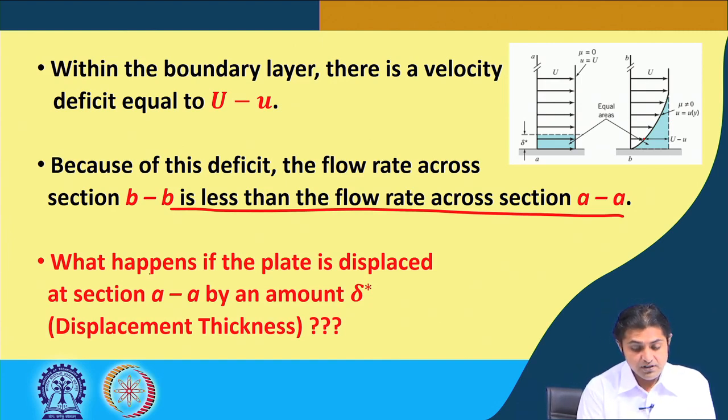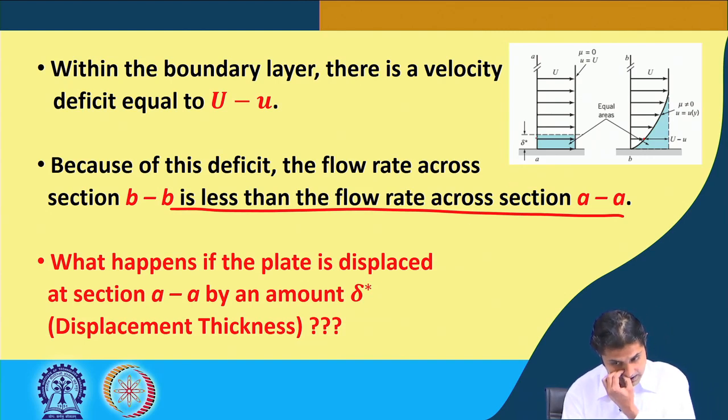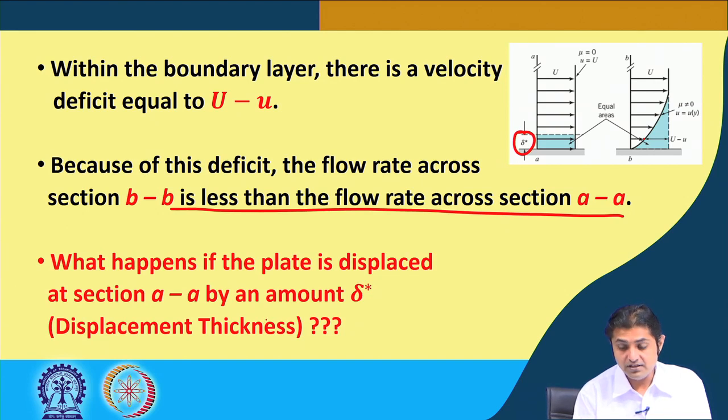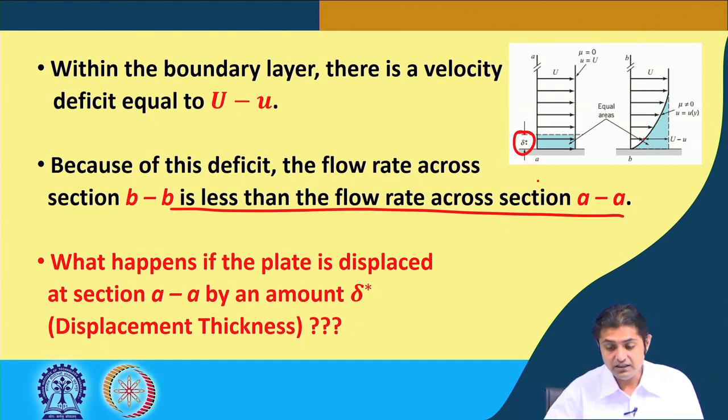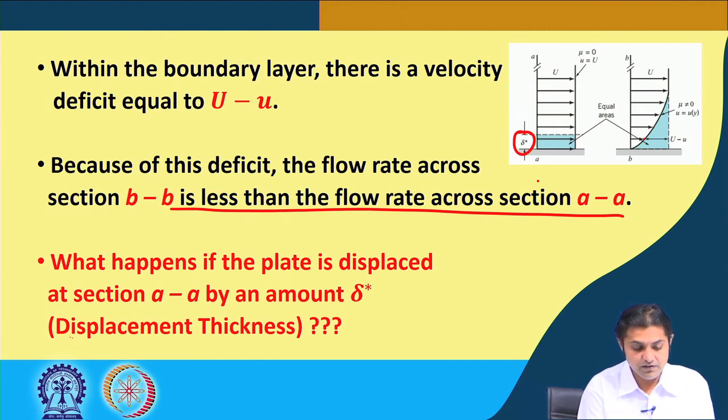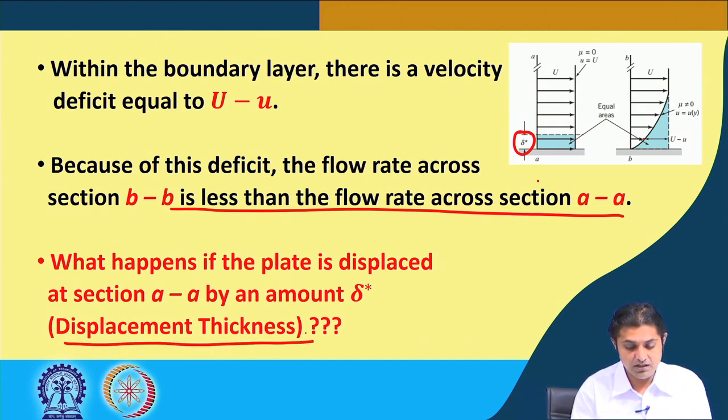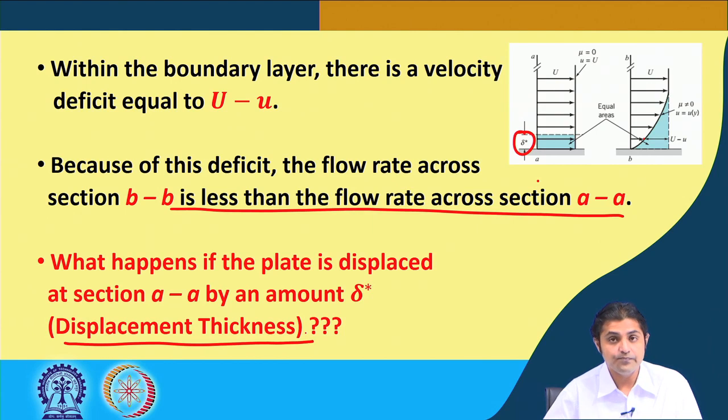My question to you is, what happens if the plate is displaced at section AA by an amount delta dash? This delta dash is called the displacement thickness. With this we will continue in the upcoming lecture.